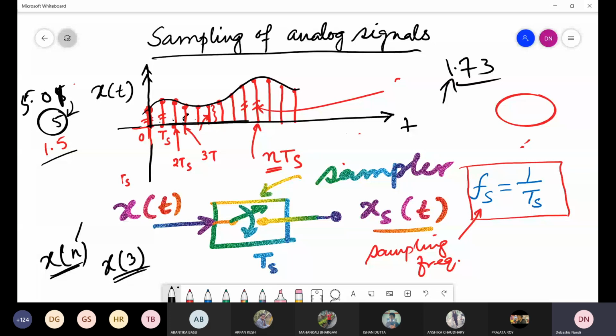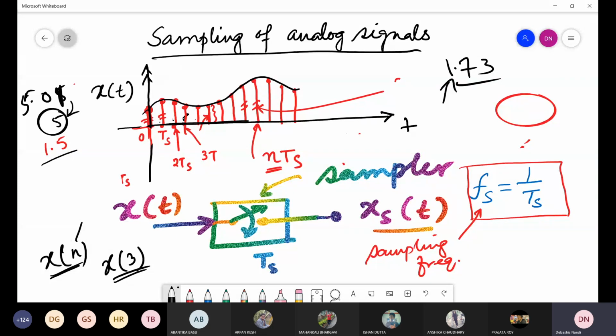Therefore, in a digital signal processing system or digital signal representation system, whenever you want to convert an analog signal into a digital signal, some error is always present. This error is called quantization error, and obviously this will hamper the performance of the system if the quantization error is very large.